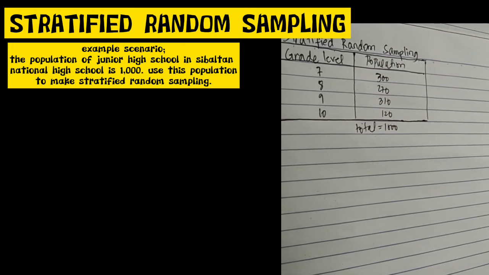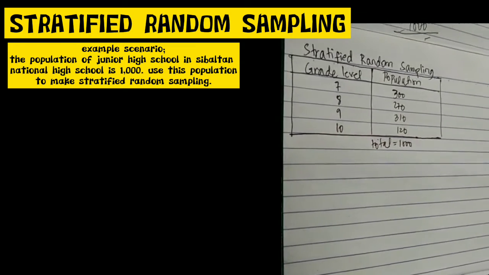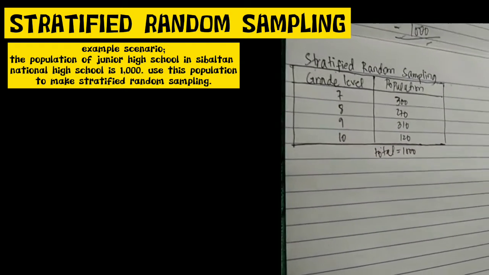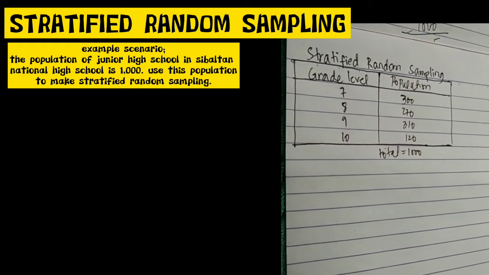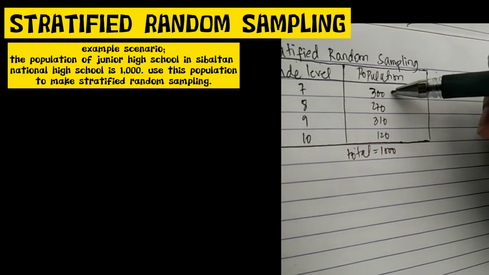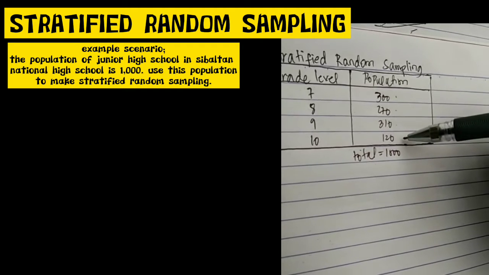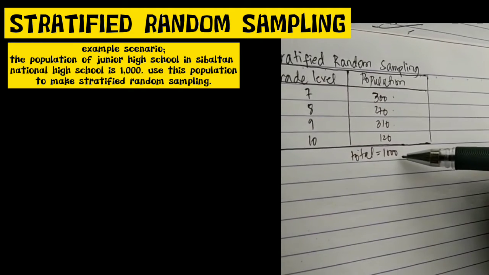Use this population to make a stratified random sample. So given naman sa ating strata or grade level ang bawat population natin. So meron tayong 300, 270, 310, and 120, and a total of 1,000.